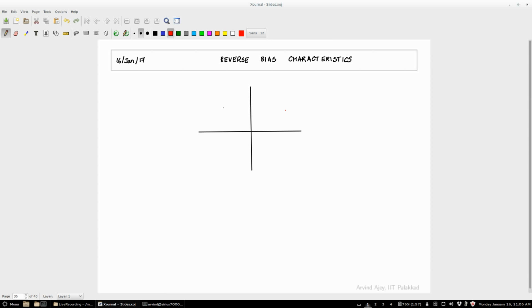Because the negative characteristic currents before breakdown are of the order of picoamps or nanoamps, whereas the forward characteristic currents are of the order of milliamps, right? This is before breakdown. But what we are going to do is to look at the device once it has broken down. Okay. So basically you have a characteristic for the negative bias, which is something like that, it goes like that and then like that. Okay.